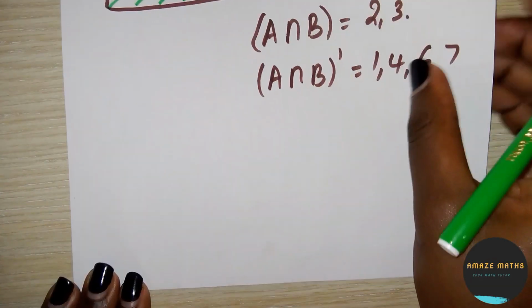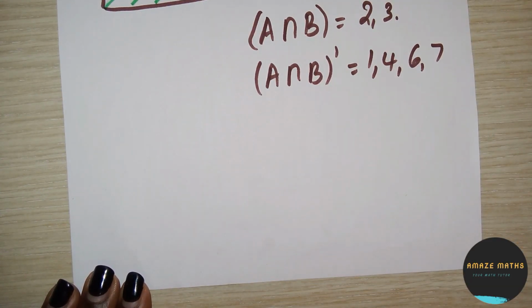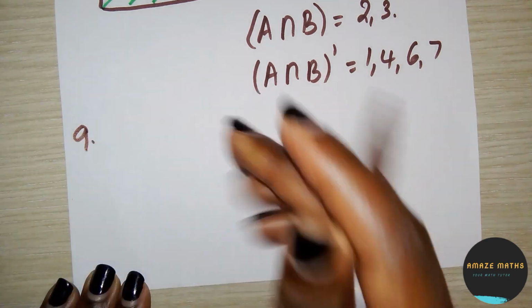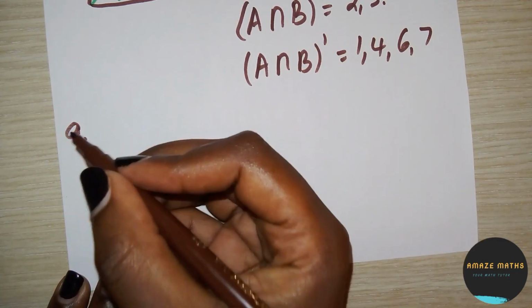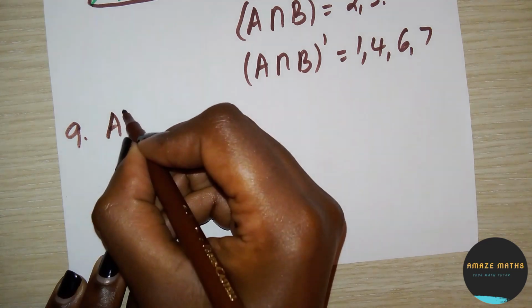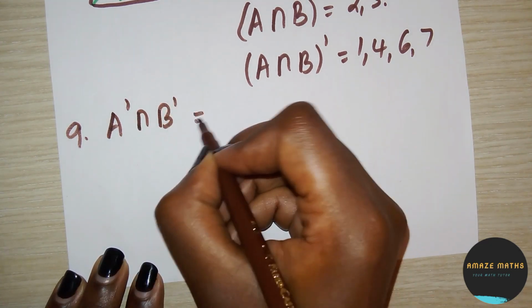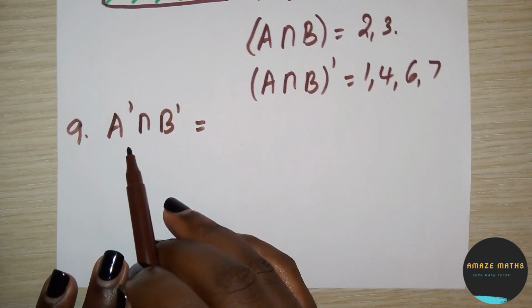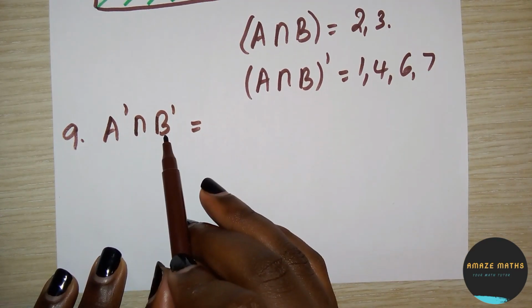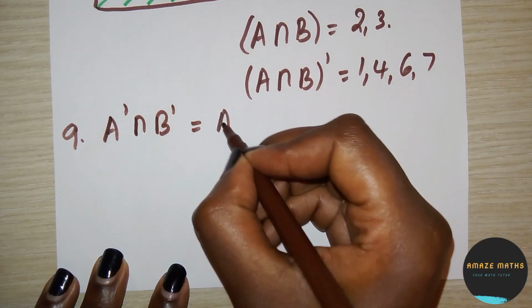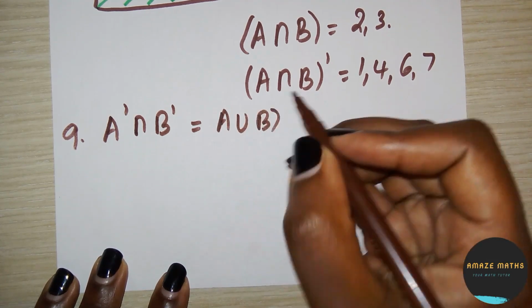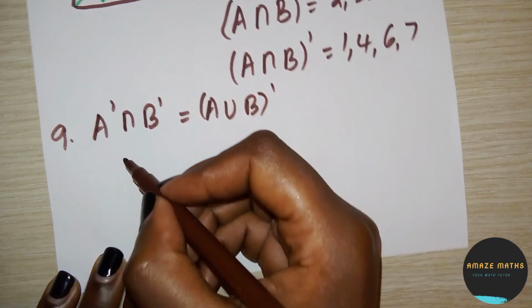Okay. Last but not least, we have number 9. So number 9 is complement of A intersecting with B, which is the same as A union B, but the region outside.